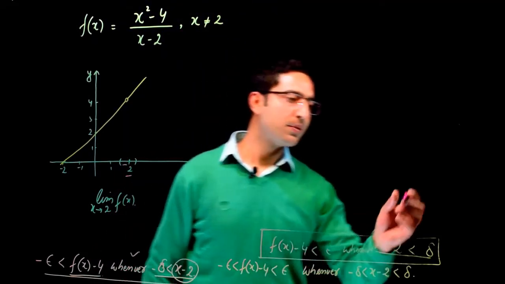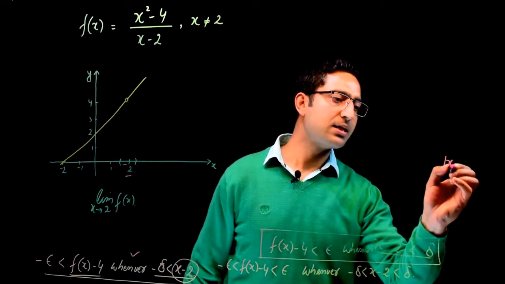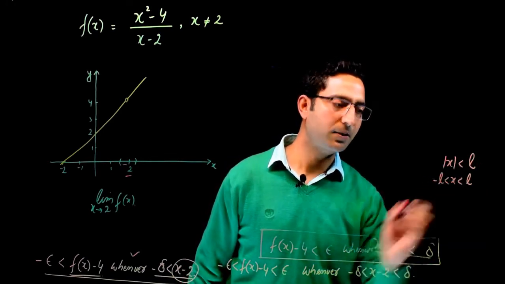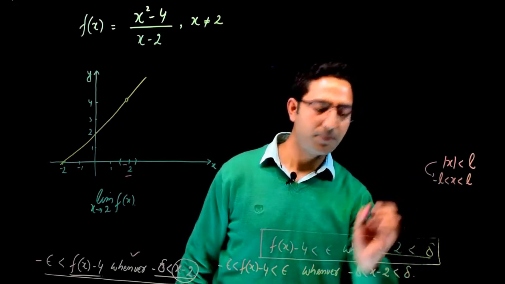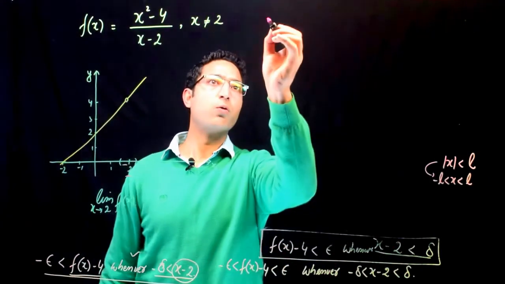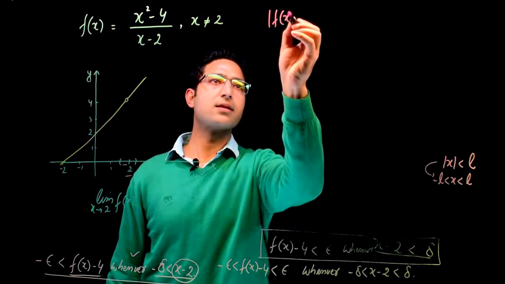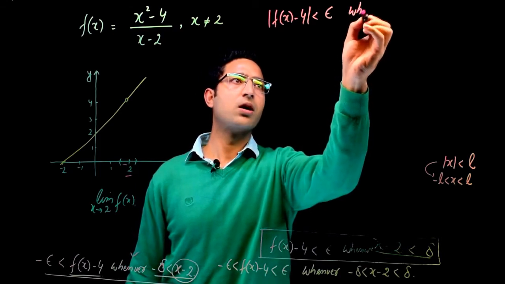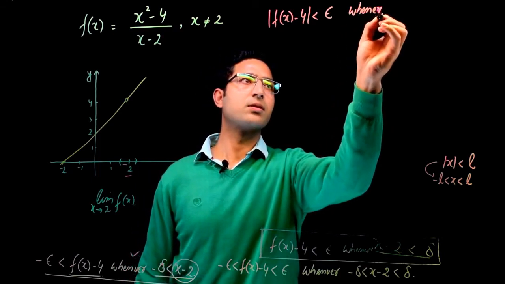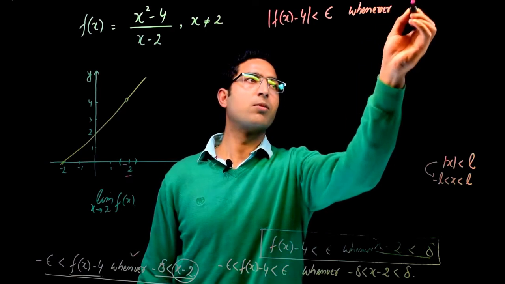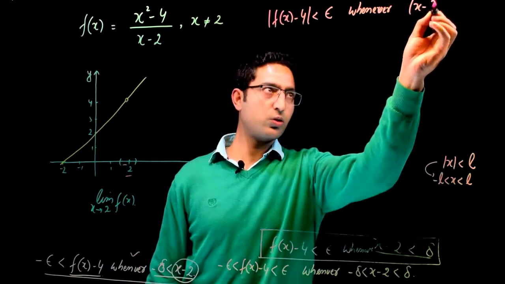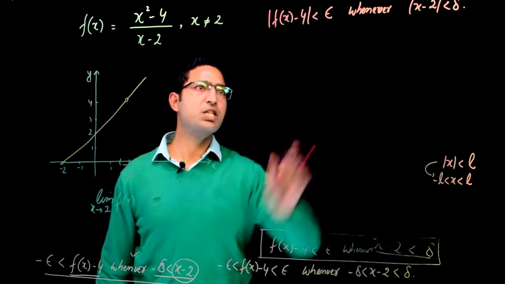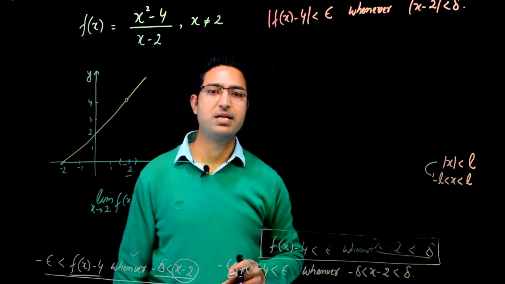We know that whenever mod x is less than L, that means minus L is less than x is less than L. So with this I can rewrite this as mod of f(x) minus 4 is less than epsilon whenever mod of x minus 2 is less than delta, because of this relation. So this gives me the final epsilon delta definition of limits.